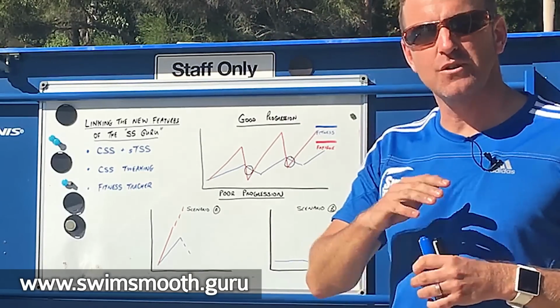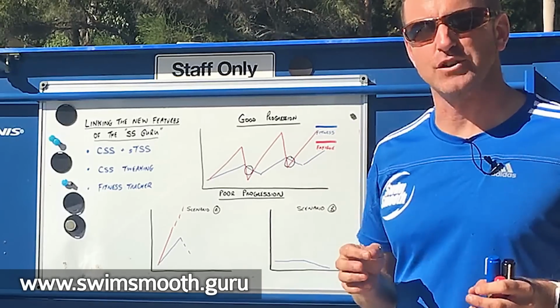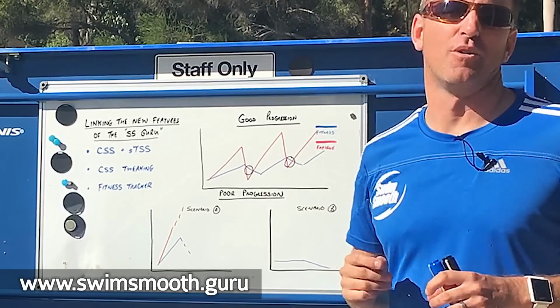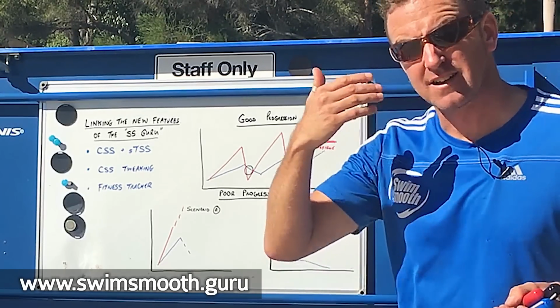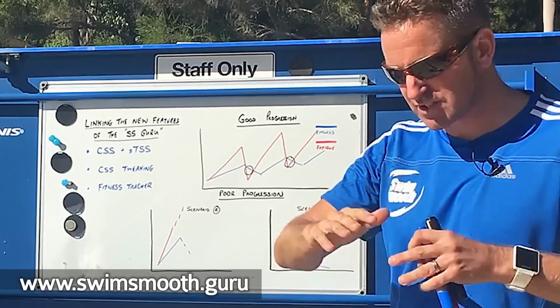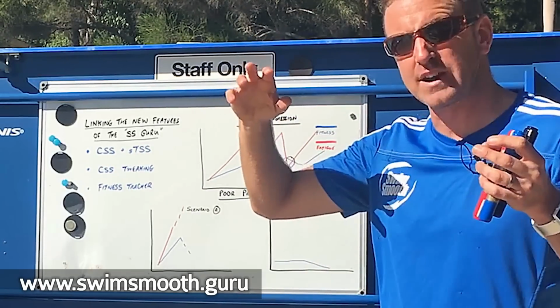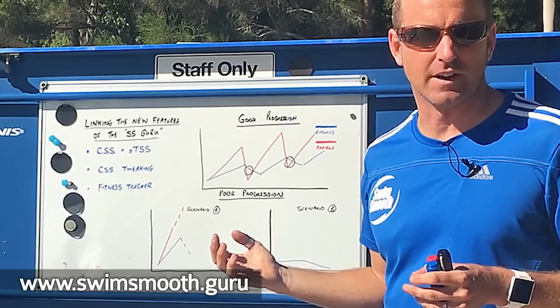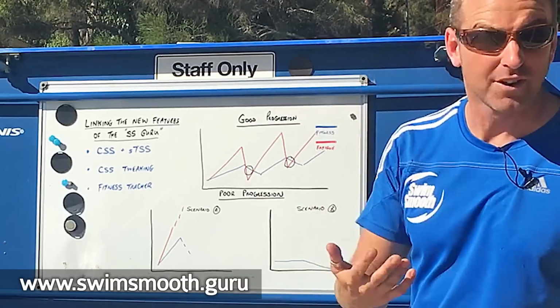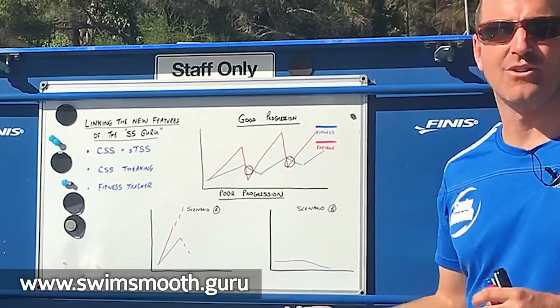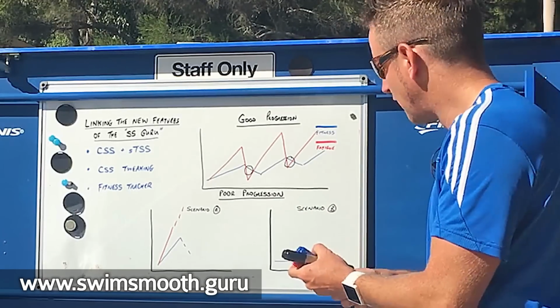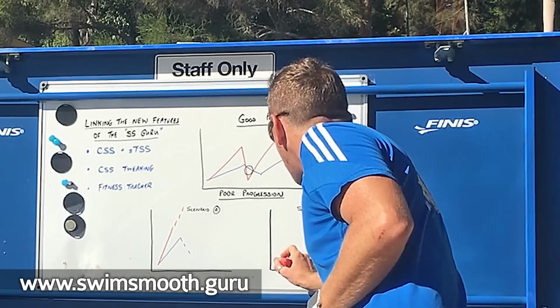Swimming anywhere between 2 and 4 times per week can be really beneficial for your swimming, but it's much more beneficial to swim 3 times per week consistently over the course of the year than it is to maybe go gung-ho for 4 or 5 weeks and then do nothing for 2 or 3 weeks, either because you get bored, potentially, or you get sick, or you get injured. Now, of course, the fatigue line is nowhere near as high on that.